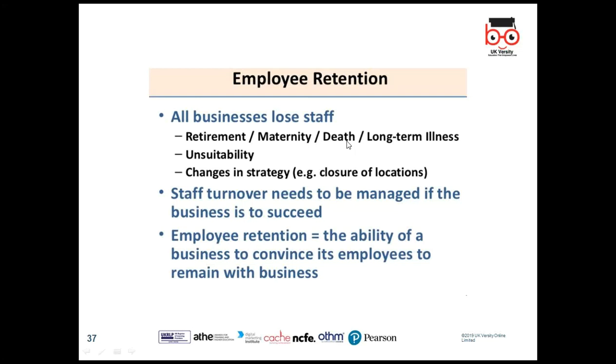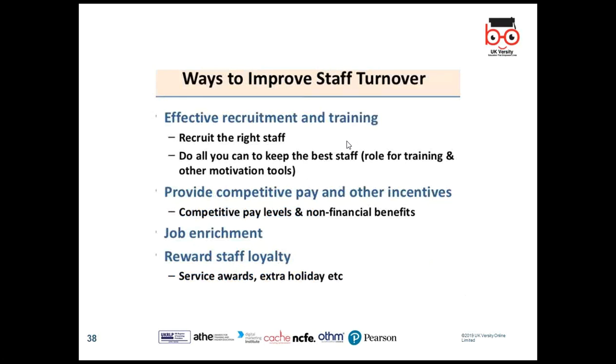And further, employee retention: our business loses staff through retirement, maternity, death, and long-term sickness. So we need to look at staff turnover, and it needs to be managed if the business is to succeed. Employee retention is the ability of a business to convince its employees to remain within the business. So that represents the culture as well.